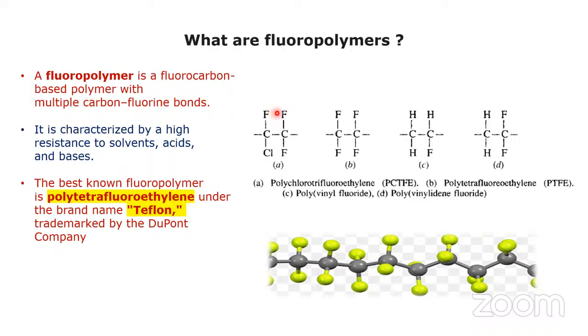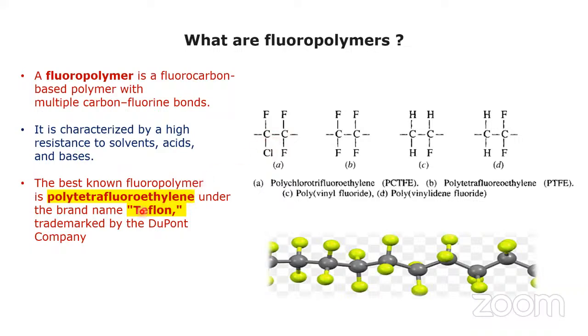So whatever fluorine atom is there will form the strongest bonding over other atoms. Here fluorine and carbon are forming a bond, so we can consider it the strongest bond in your polymeric system. That's why it shows many better properties like solvent resistance, acid resistance, base resistance, and good thermal properties as well.